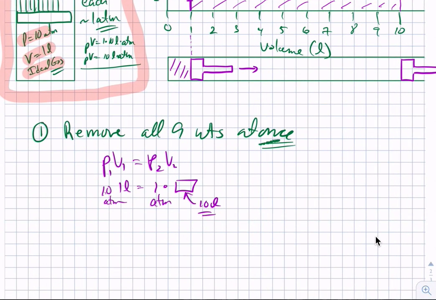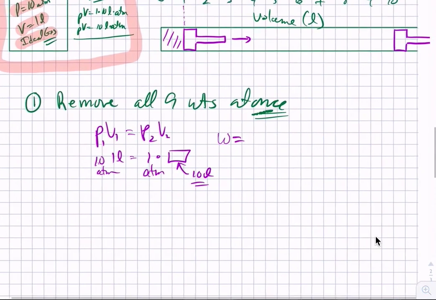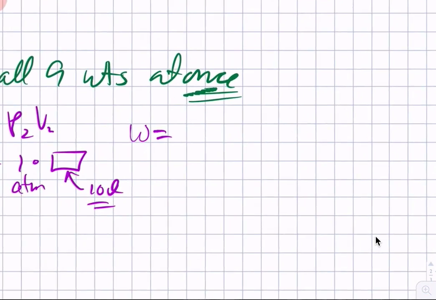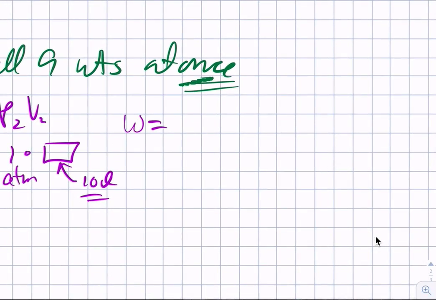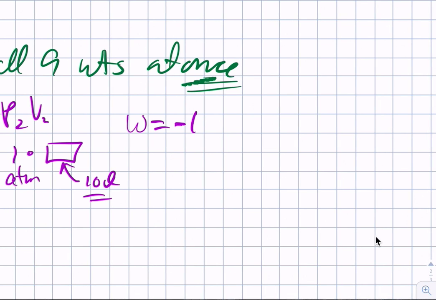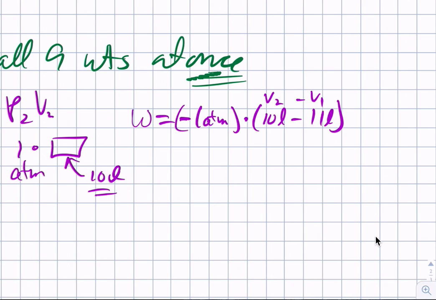The work is going to equal, in this case, minus 1 atmosphere times the difference in volume, which is going to be 10 liters minus 1 liter. So this is V2 minus V1.